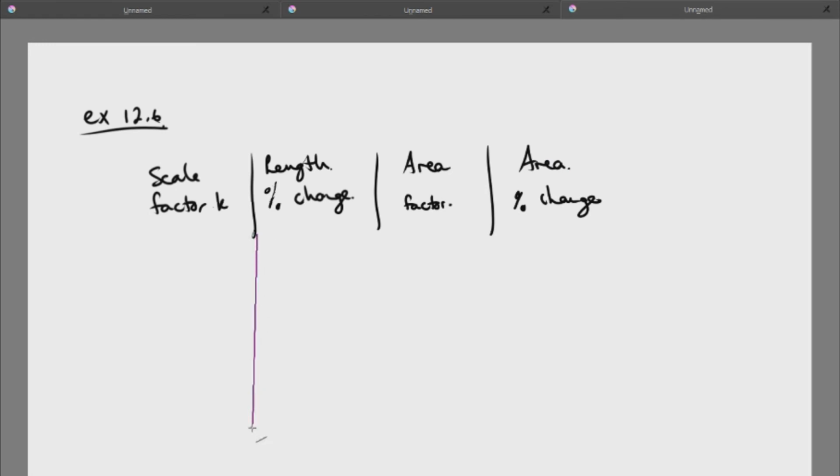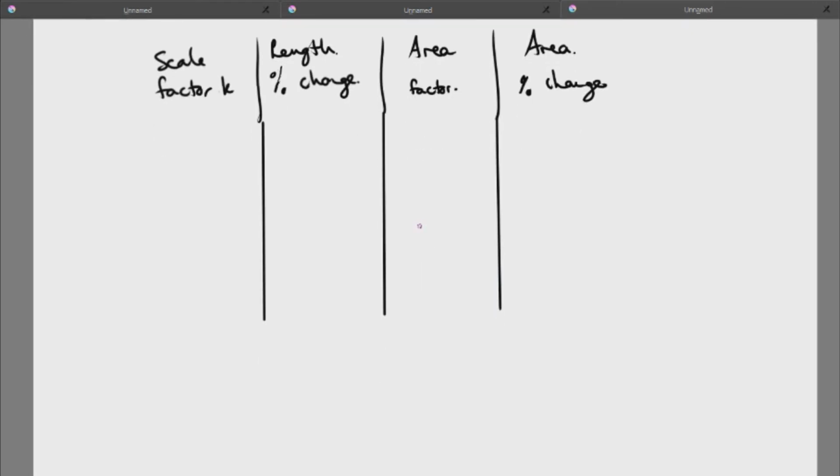So we have these 4 things that appear in these questions. 1 has to be given, and we have to be able to find everything else. So for example, the first one gives me a scale factor of 1.2. Can I find all the other columns that match that 1.2?